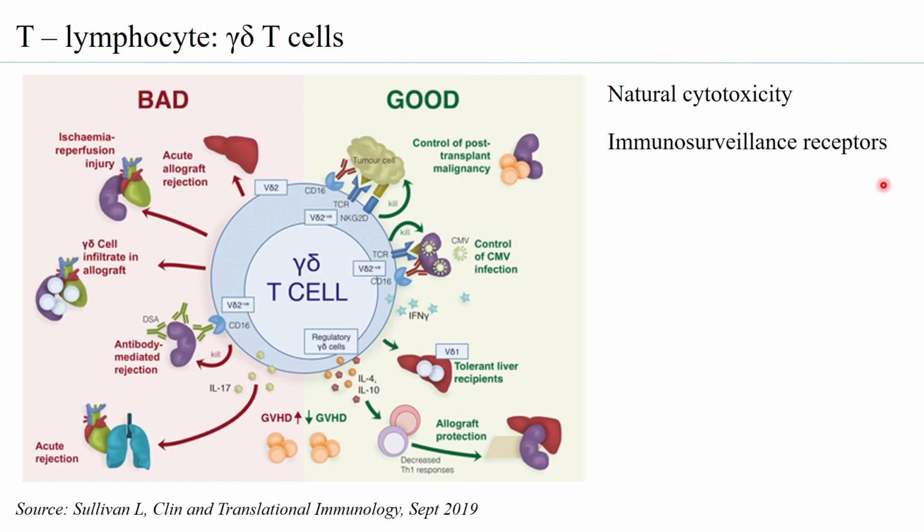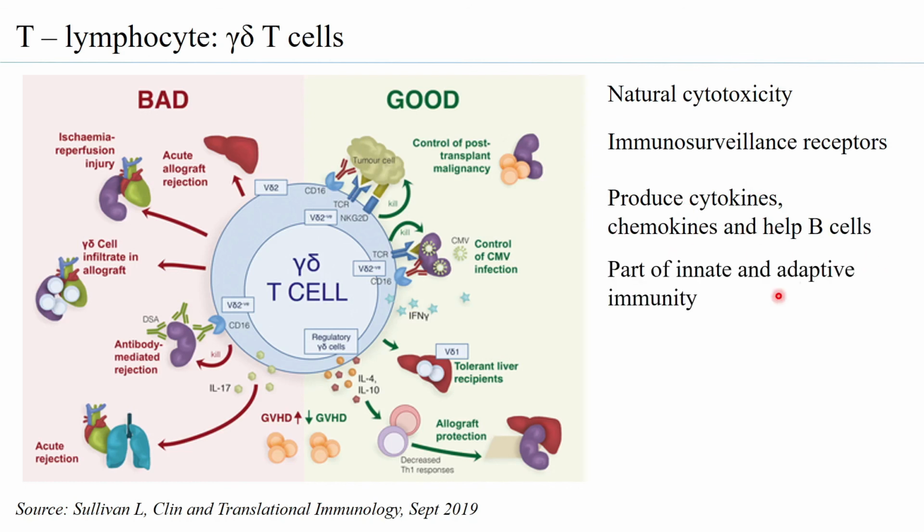It has immunosurveillance receptors. That means just like B cells, just like CD4 plus T cells, just like CD8 plus T cells, they can circulate in the body looking for antigens. They are able to produce cytokines, chemokines, and they are able to help B cells as well. They are therefore part of innate and adaptive immunity. They are pro-inflammatory, so that's the reason why they are associated with innate immunity.